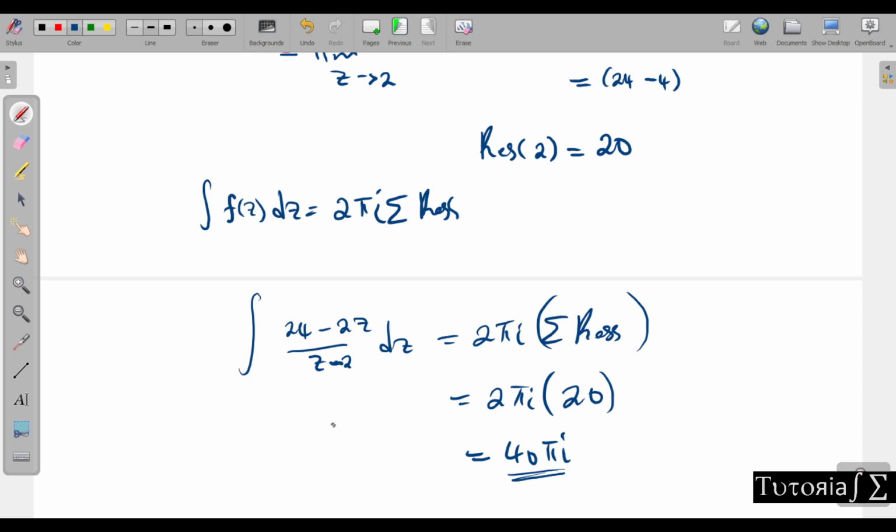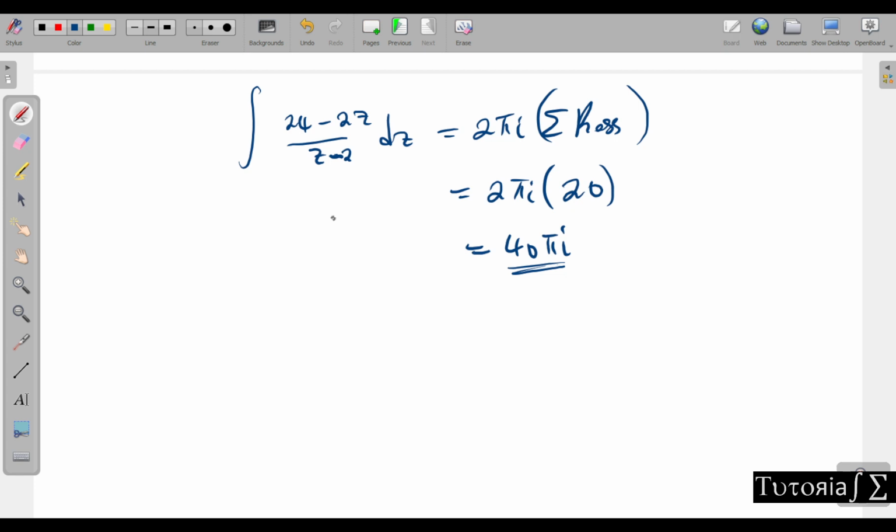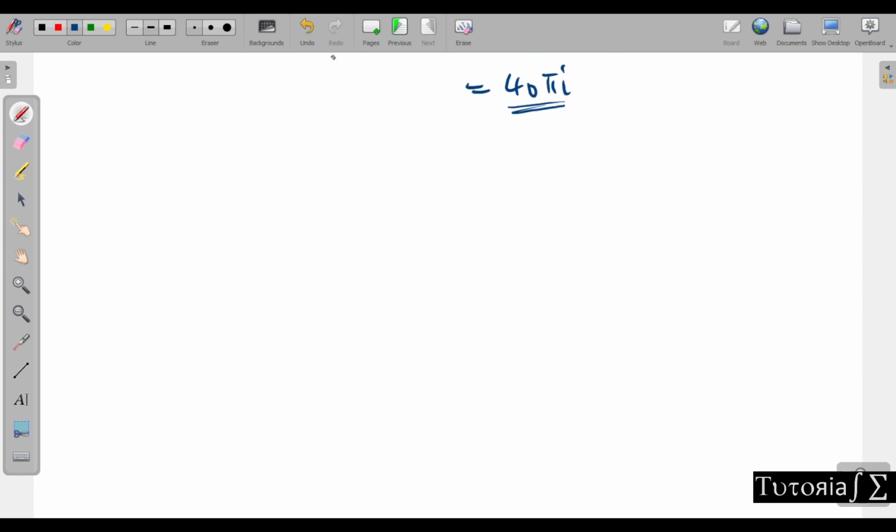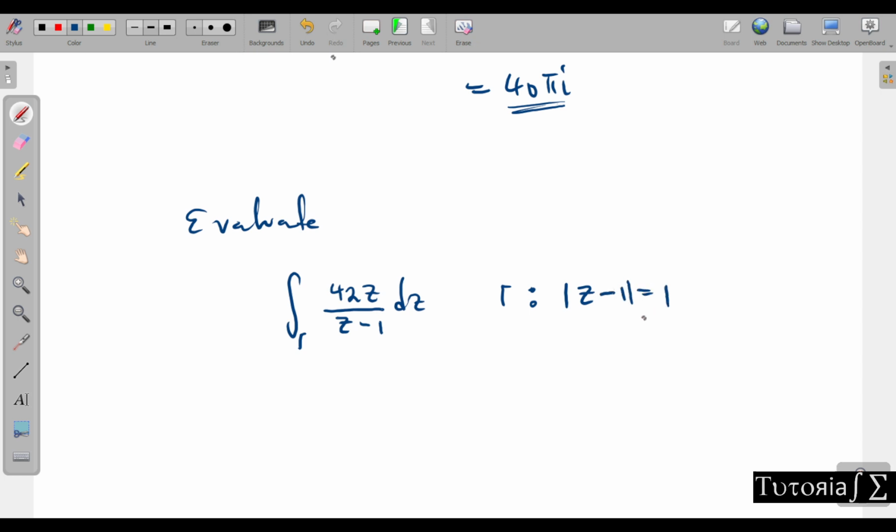Now I want you to try out this one, and we'll be waiting for your feedback. Evaluate the integral of (4 minus 2z) over z(z minus 1) dz on the contour gamma, where gamma is the contour |z minus 1| equals 1.